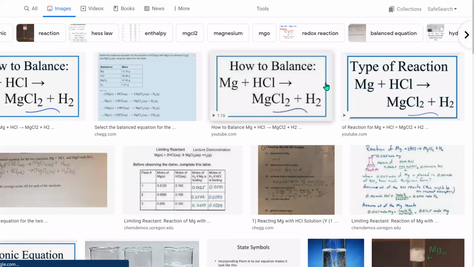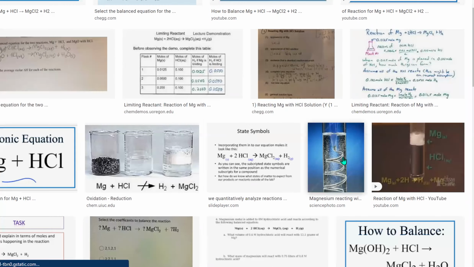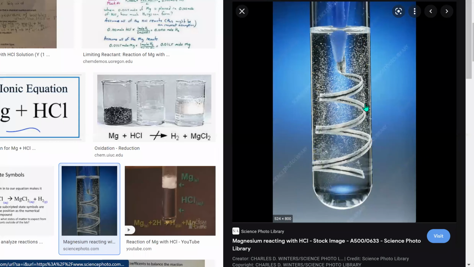Let me show you. So this one, there's an Mg and HCl reaction going on. In the laboratory, how can you in real time, every 2 seconds or every 5 seconds, measure how the concentration of HCl is changing in this test tube? That's a very tough thing to do.